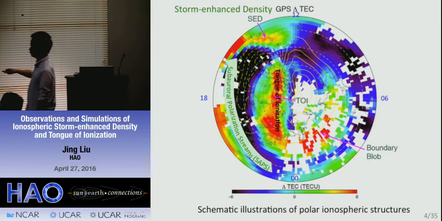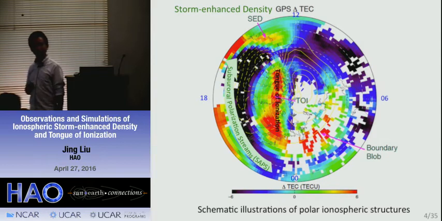This dawn-dusk electric field generates the anti-sunward flow. In the front of this polar cell, we typically observe this storm-enhanced density structure called SED. SED provides an important source for this tongue-like structure called the TOI, which is elongated in the noon and midnight meridional section. And the tongue of ionization can be distorted after reaching the nighttime auroral oval.